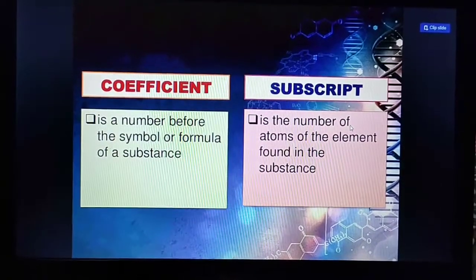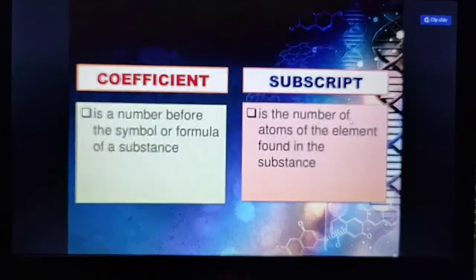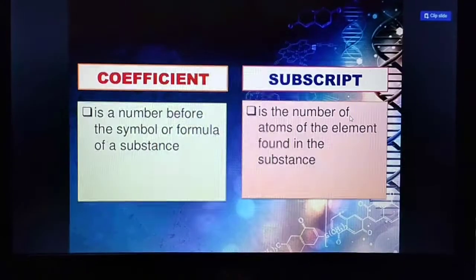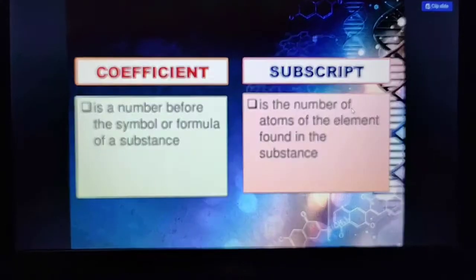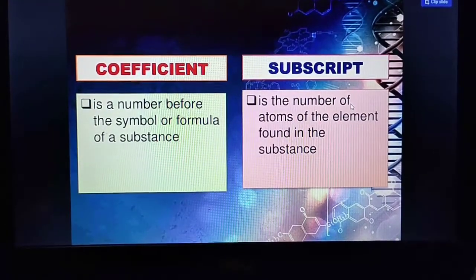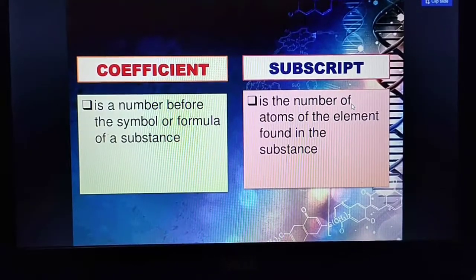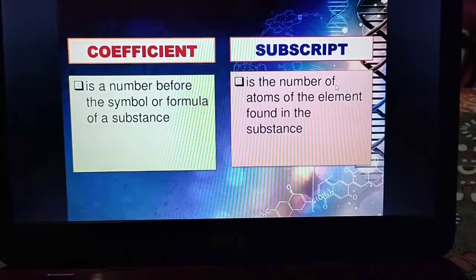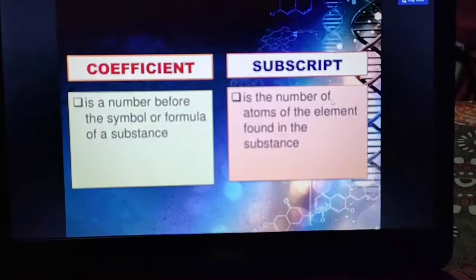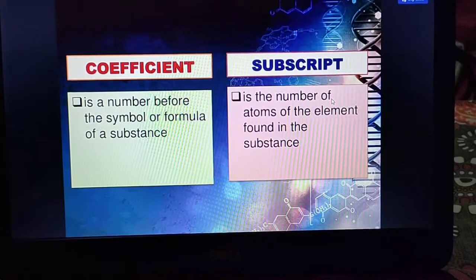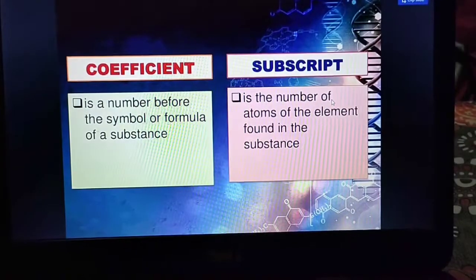Now you see coefficient and subscript. As you can see in step number 4, it is written that if the number of atoms of any one or more of the elements on both sides are not equal, then these are made equal by adjusting the coefficients before the symbols and formulas of the reactants and products.